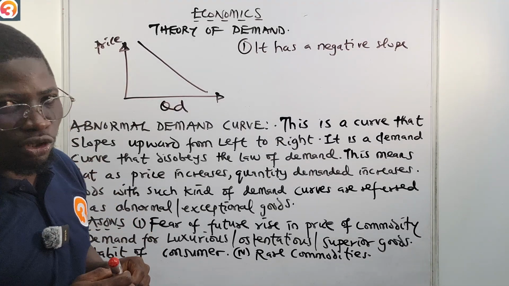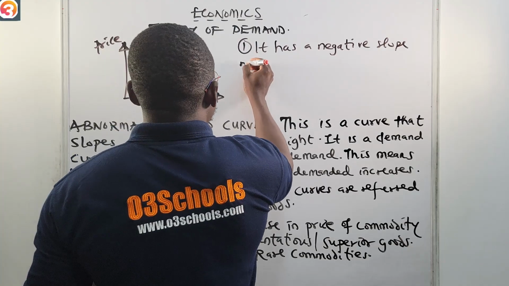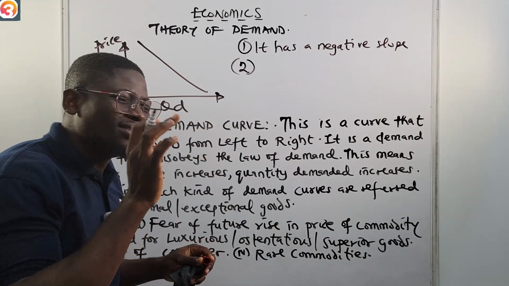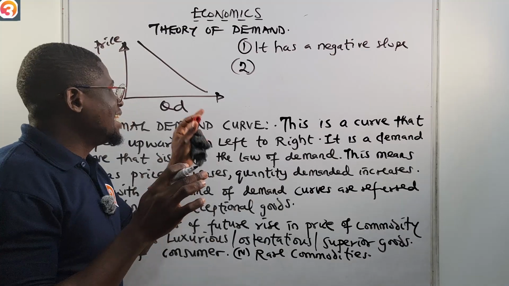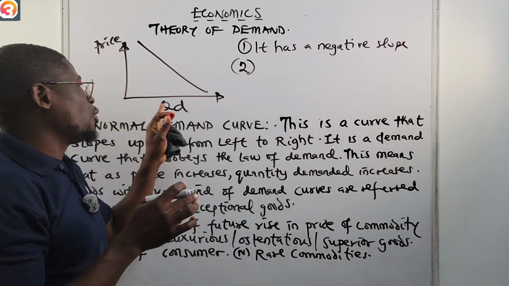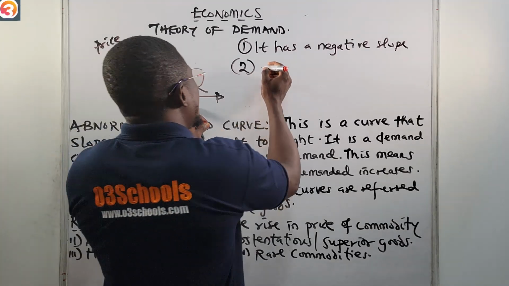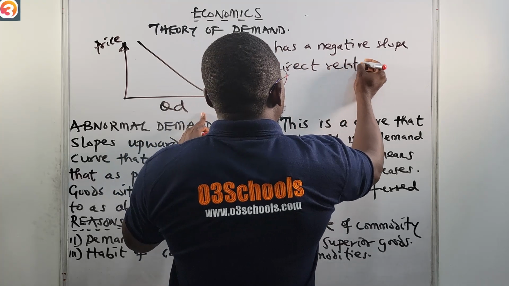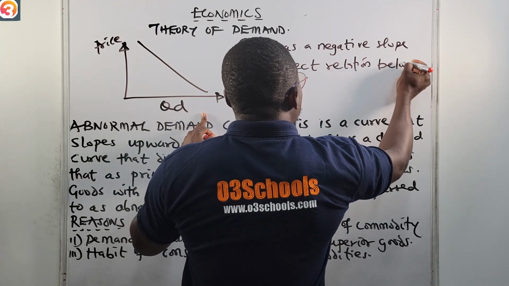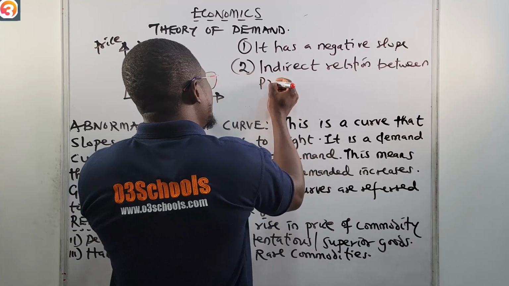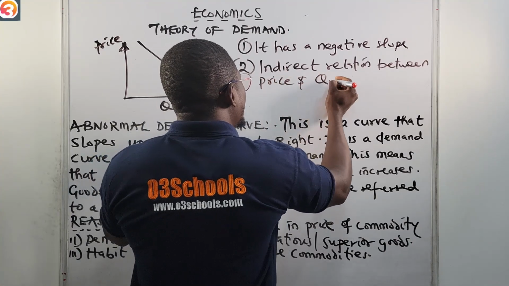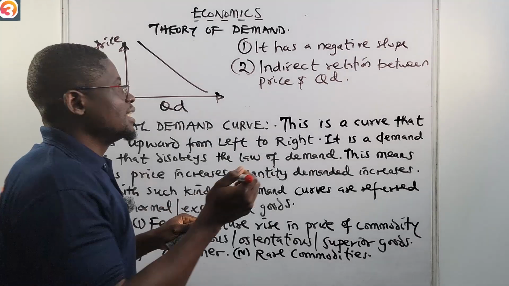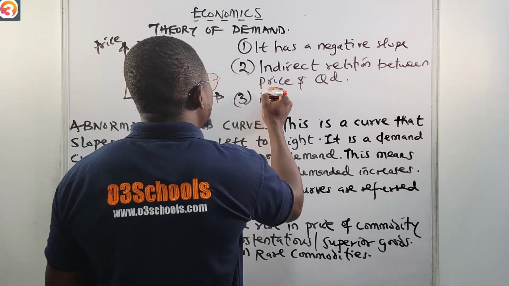Then number two, there's an indirect relationship between price and quantity demanded. Please take note of that. Then number three, of course, it has a negative.